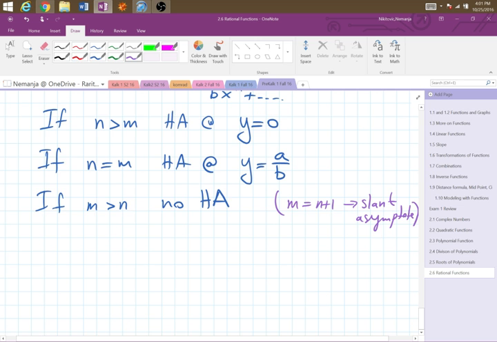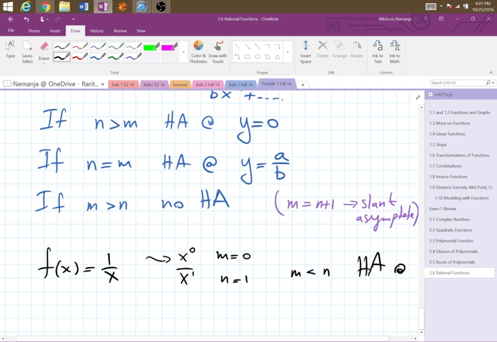So let's take a look at this. We go first with our dear friend 1 over x. So 1 is technically x to the 0. This one is x to the 1. So degree m is 0, degree n is 1. m less than n, or n bigger than m. So the horizontal asymptote is at y equals 0 by the rule.